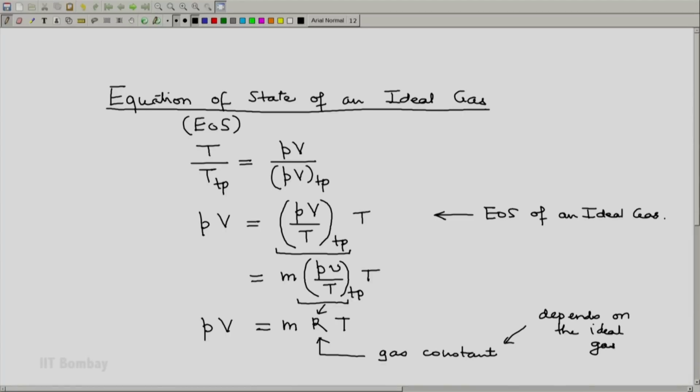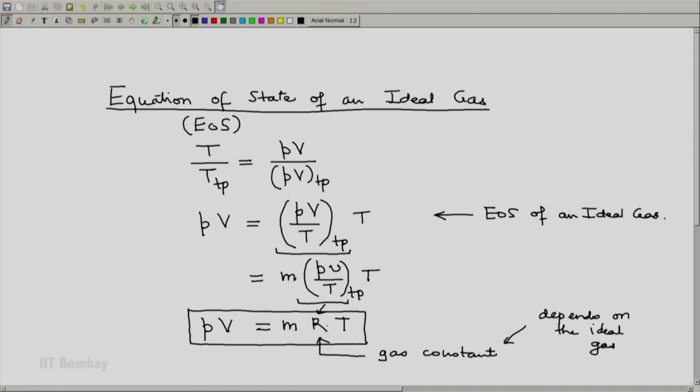If we approximate oxygen as an ideal gas, we will have one value of the gas constant, that would be the gas constant for oxygen. If we use nitrogen and consider it to be an ideal gas, we will have a different gas constant for nitrogen. Similarly, any gas when approximated as an ideal gas will have a value of R which is specific to that gas.